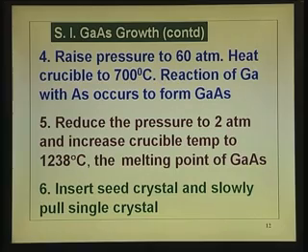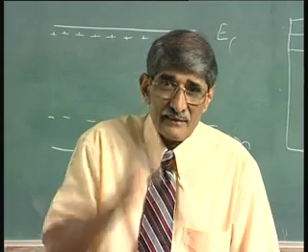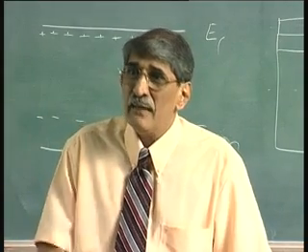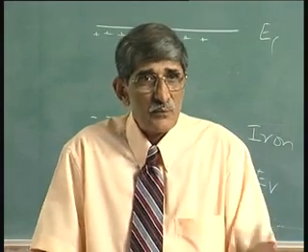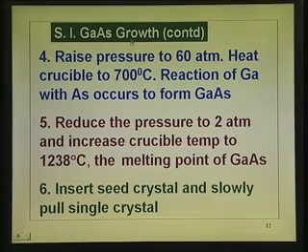The vapor pressure of arsenic over arsenic itself is 60 atmospheres at that temperature, but the vapor pressure of arsenic over gallium arsenide is very low. So, once the compound is formed, reduce the pressure to 2 atmospheres, that is sufficient to prevent the loss of arsenic with the cap of B2O3.